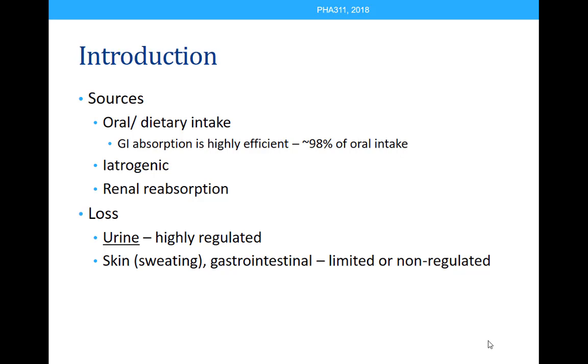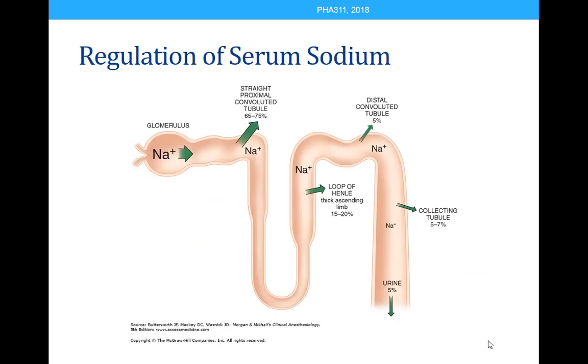Okay? All right. And in the kidney, if you remember, we talked about this last time as well. When there is filtration, almost 65 to 75% of sodium will be reabsorbed very quickly in the proximal tubule. Small amounts will reach all the way to this part, and this part, the reabsorption is dependent upon ADH and aldosterone. So if you have aldosterone hormone there, it will reabsorb sodium and water will come with it.